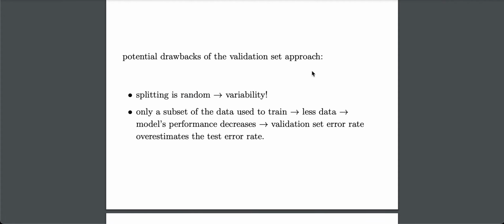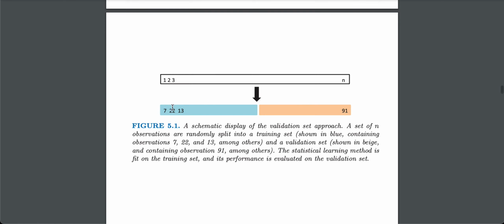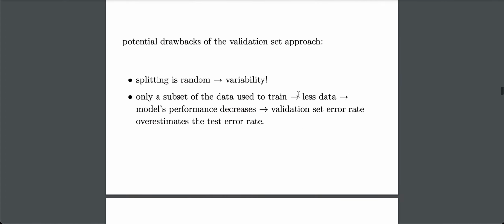The potential drawbacks are that the splitting is random, so it creates a lot of variability, and only a subset of the data is used to train. We only use this part to train, and we don't use this part. So we have less data, and the model's performance will obviously decrease.